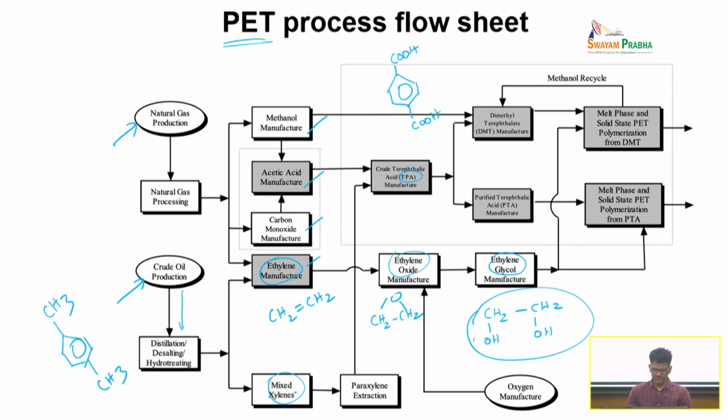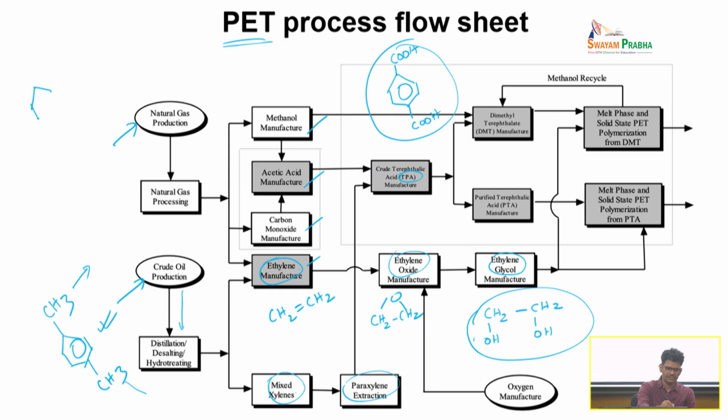From crude oil to xylene, and from xylene they separate paraxylene, and this group is converted into a COOH group, and this one too, and then you get terephthalic acid. So now we have two important raw materials: terephthalic acid, which is a diacid, and ethylene glycol, which is a diol.